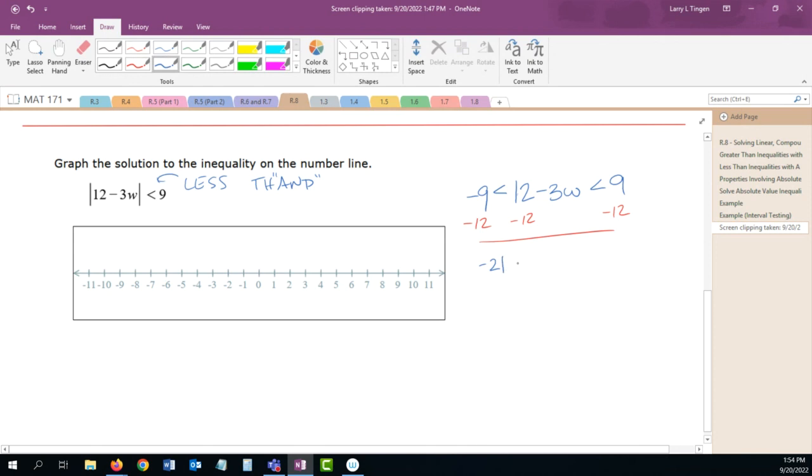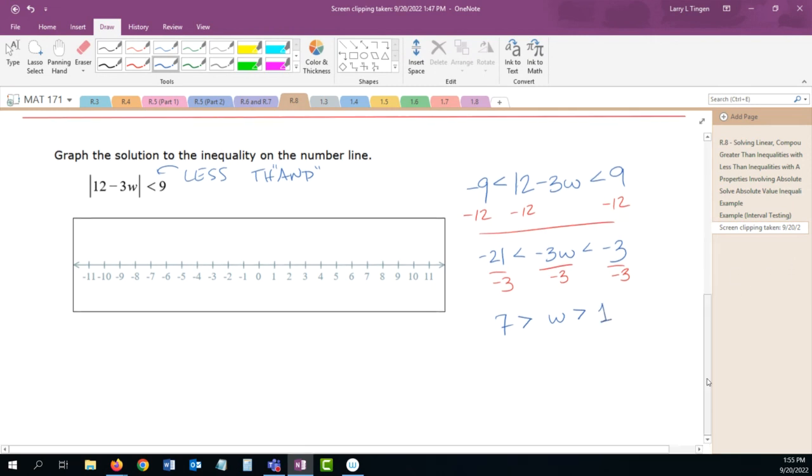Negative 9 minus 12 more is negative 21. And then 9 minus 12 is negative 3. And now we make our deal with the negative gods. I can divide both sides by negative 3, but in the process, I have to flip my directions.